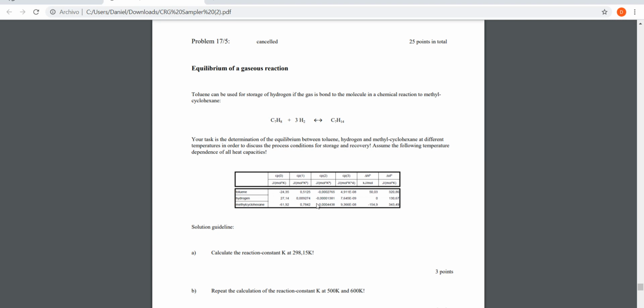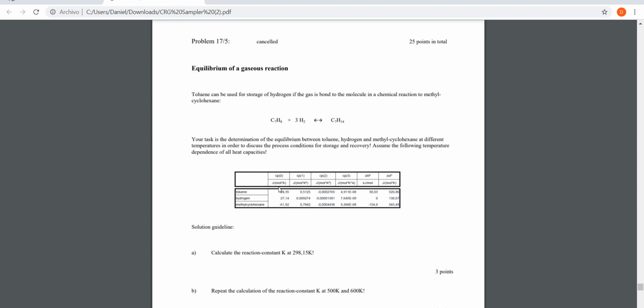What does this table say? Here are some polynomial values for the heat capacity CP, and the standard enthalpy of formation, and the standard entropy of formation of these substances.